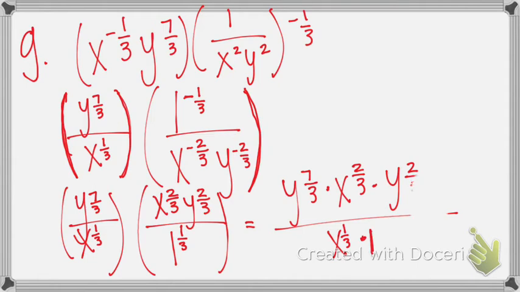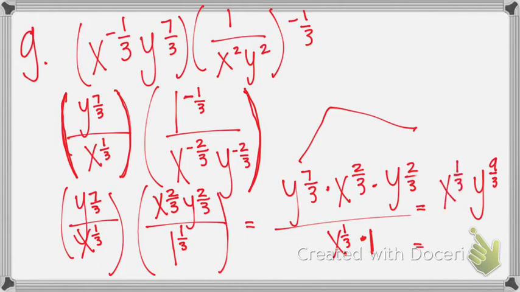All right, so when I combine, I have a y to the 9/3, because I can combine 7 and 2, and then I'm going to subtract my x's, so I'm left with x 1/3. But you can simplify that even more and get x 1/3 and y 3. So this answer is also the answer for B. Okay.